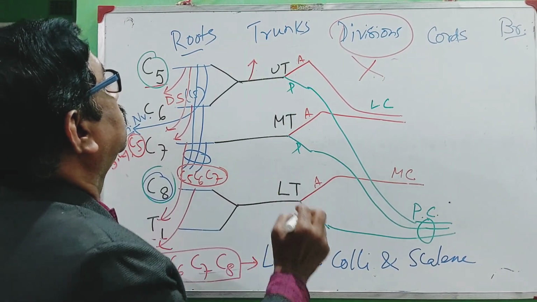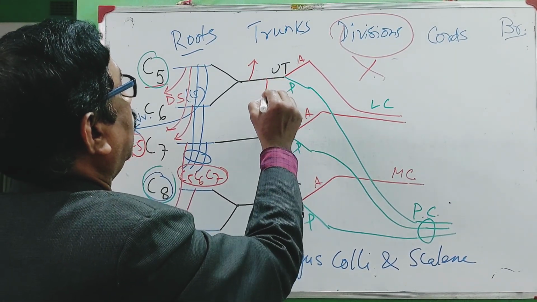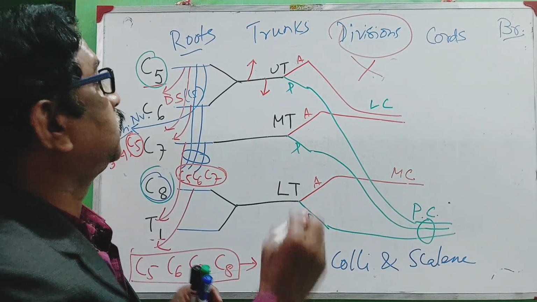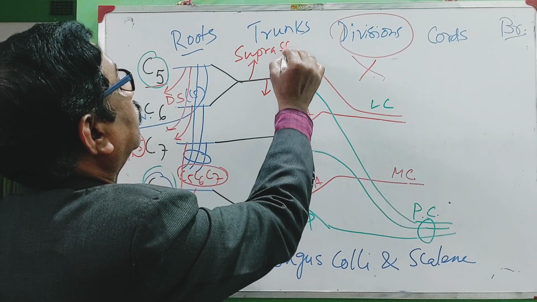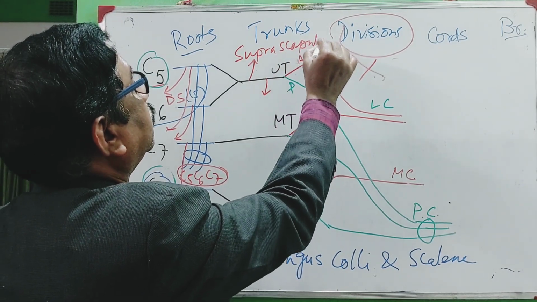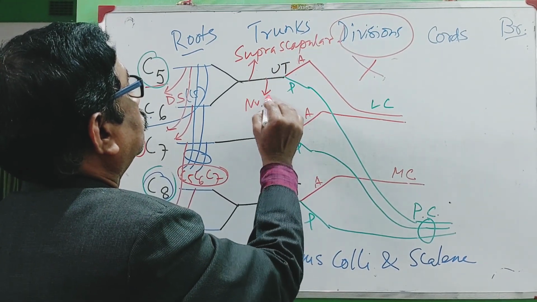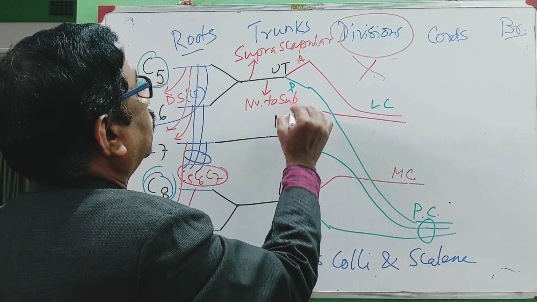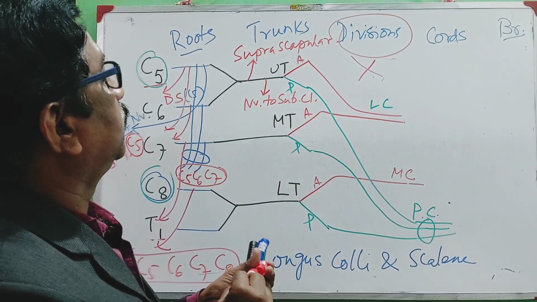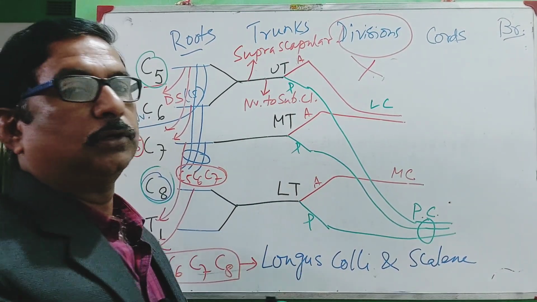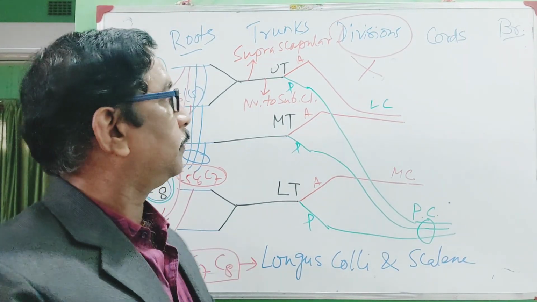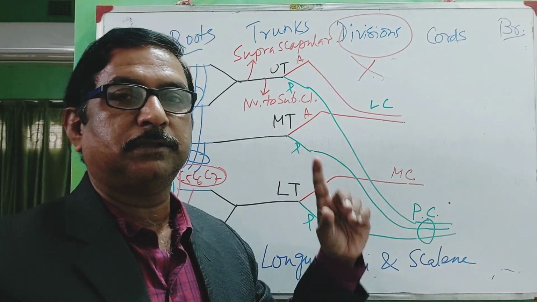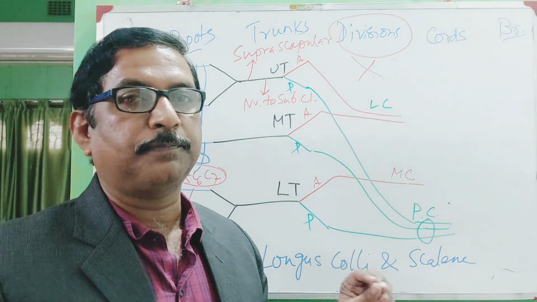One is suprascapular, one is nerve to subclavius. The suprascapular nerve will supply the supraspinatus and infraspinatus muscle, and nerve to subclavius, this nerve will supply the subclavius muscle.